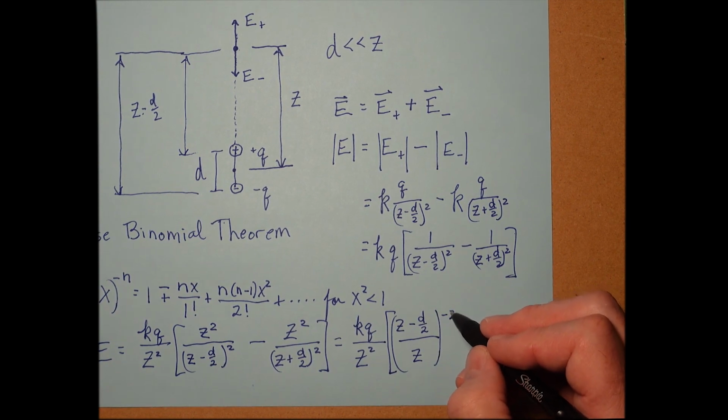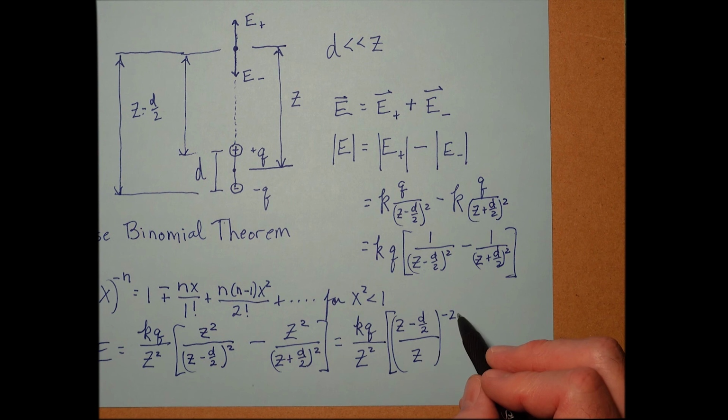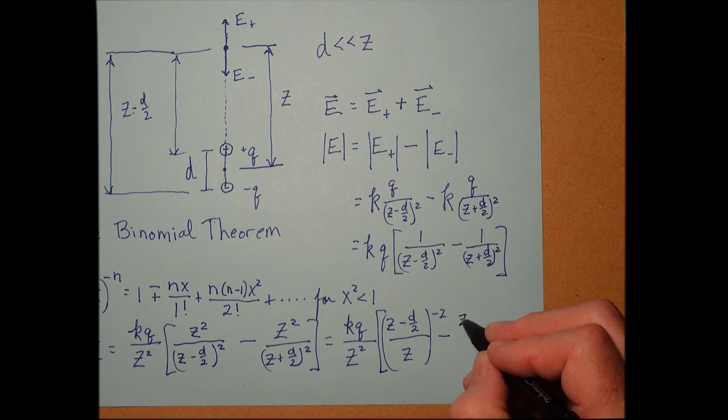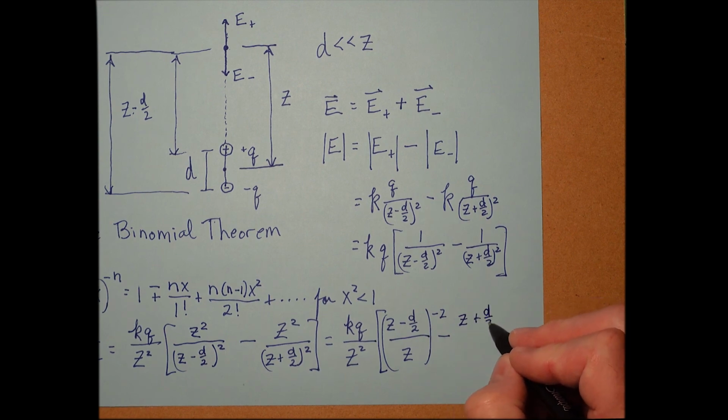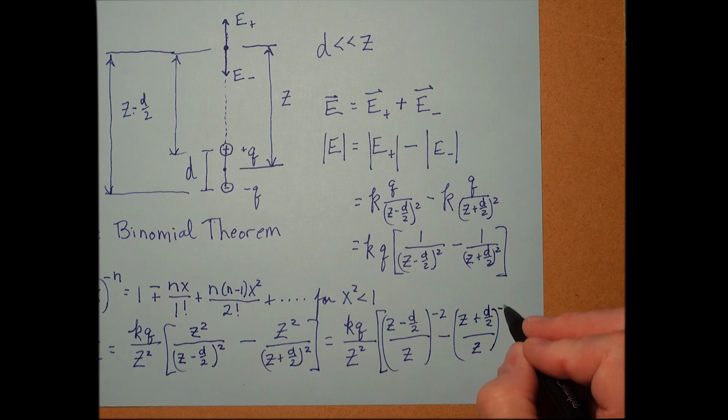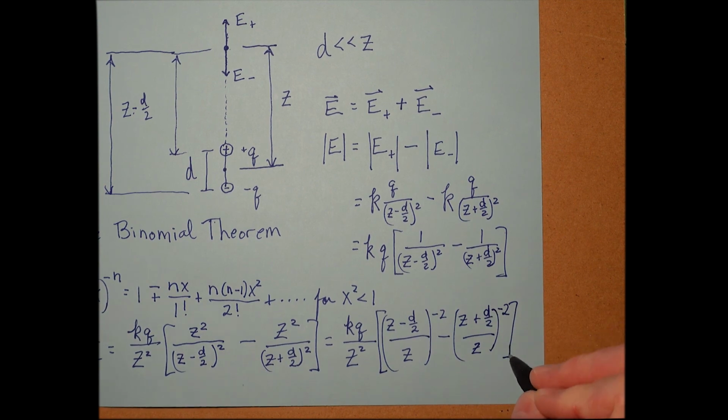That's a 2. My z's and 2's look the same, and that's the reason I cross my z's. Minus z plus d over 2 divided by z, raise that to the negative 2 as well.